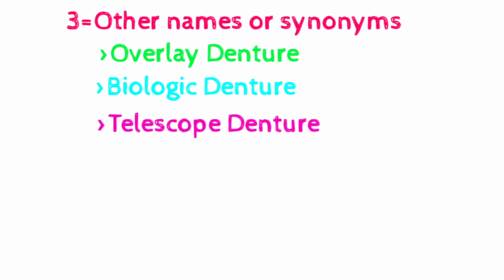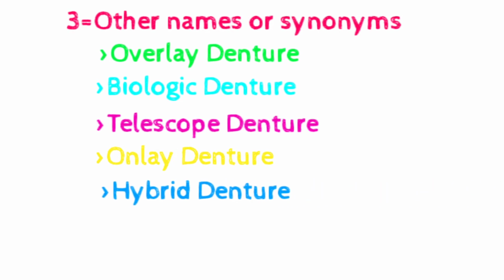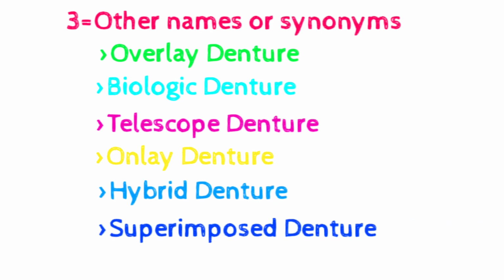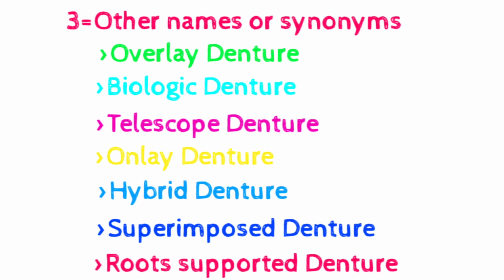Third, it is also known as telescopic denture, inlay denture, hybrid denture, superimposed denture, and root supported denture. These are all the names used for overdenture. Now come to the requirements of overdenture.